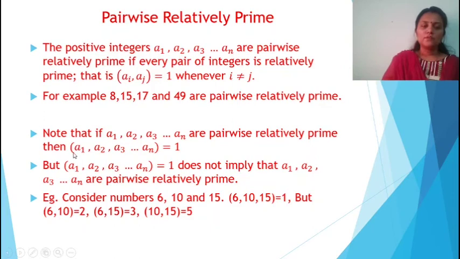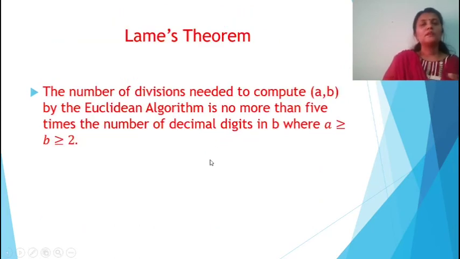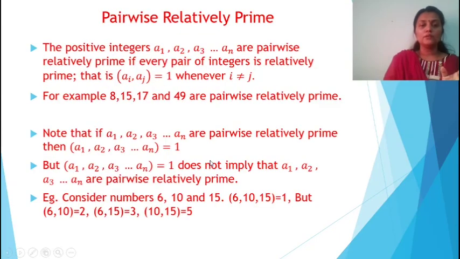So we know if a_1, a_2, a_3, etc., a_n are pairwise relatively prime, then their overall GCD is equal to 1. But GCD equal to 1 does not imply that they are pairwise relatively prime. We give the example of 6, 10 and 15. We know that GCD of 6, 10 and 15 is equal to 1.